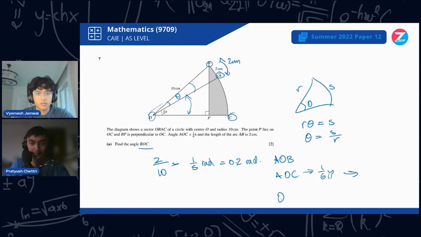And that totals to 0.10405 radians. Our angle BOC, so that's like the whole sector angle.